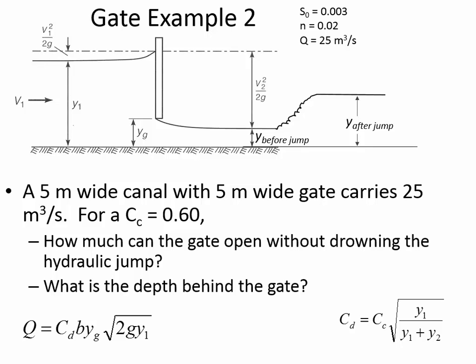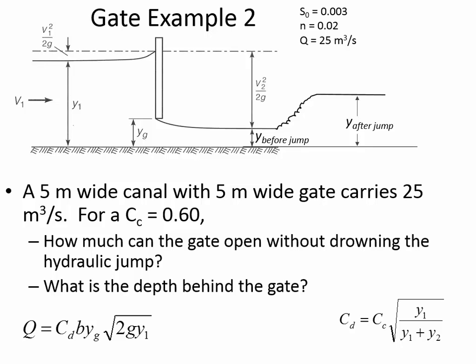Okay, so as is outlined in that step, it says first find the normal depth, and we do that using Manning's equation. Just incidentally, we already know that the width of the channel is 5 meters, the flow rate is 25 cubic meters per second, and the slope of the channel is given as 0.003.